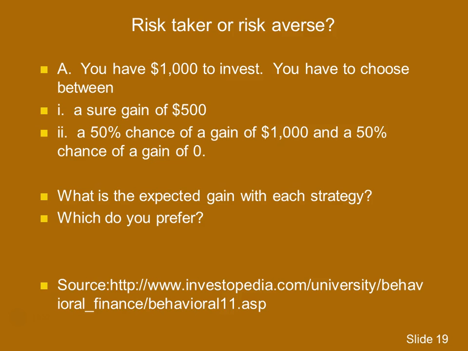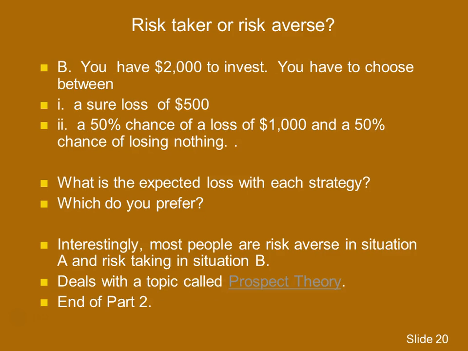Let's go to option B, we'll call it. This time we're going to give you $2,000 to invest, and you have to choose between a sure loss of $500 or the coin flipping option again, a 50% chance of losing 1,000 and a 50% chance of losing nothing.